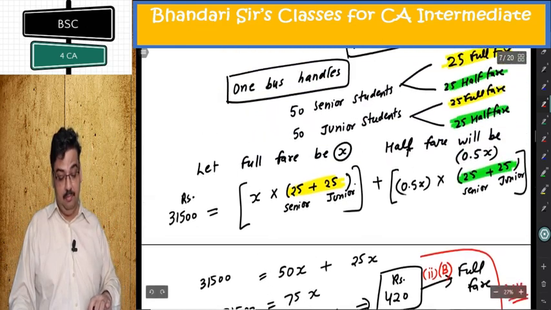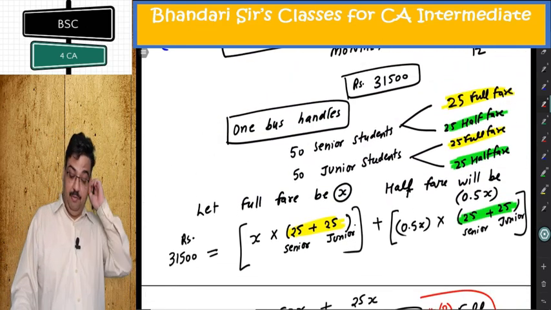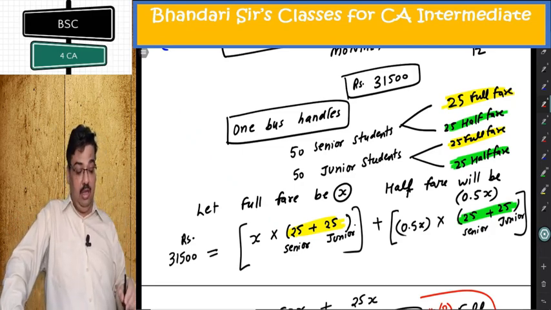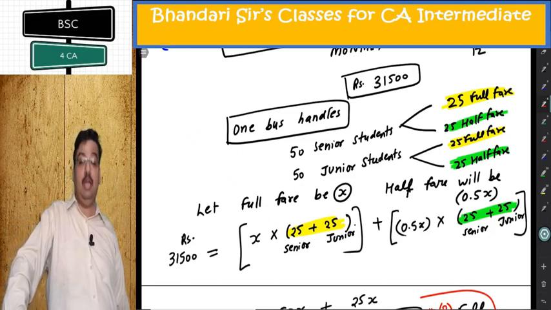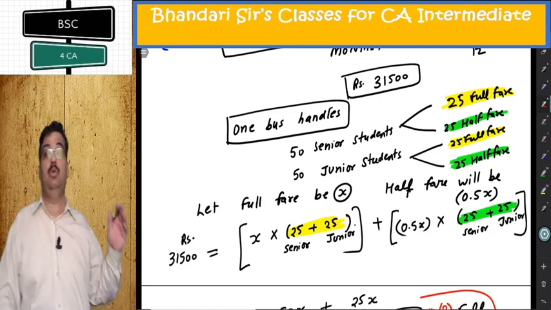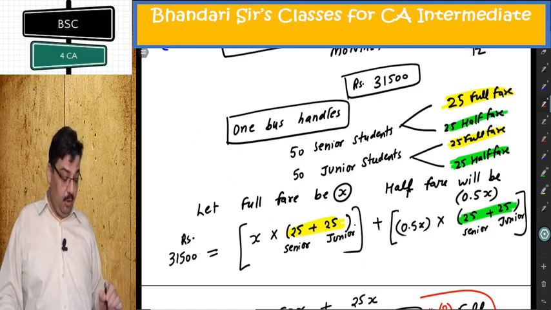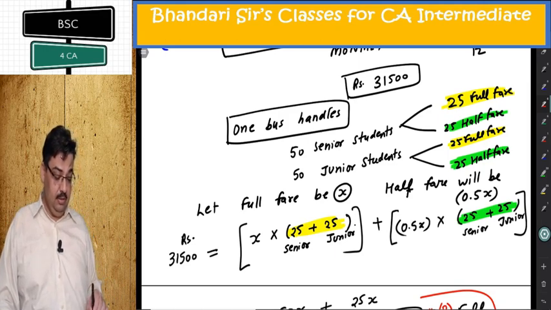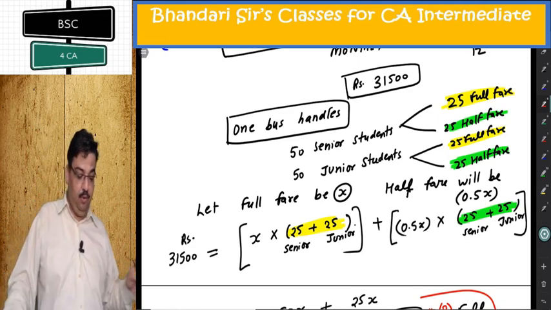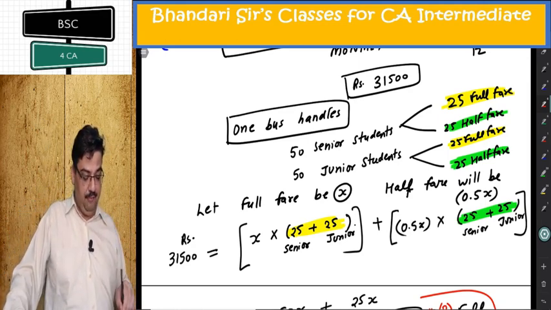I repeat what I have done. When there are 50 senior students, 50 junior students handled by one bus, there will be 25 full fare, 25 half fare in both the cases. Question has written half of the students are full fare, half the students are half fare. From there I am getting total 50 senior and junior full fare students and total 50 half fare students.